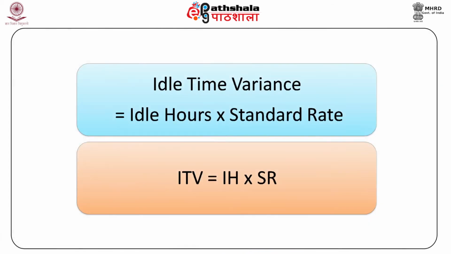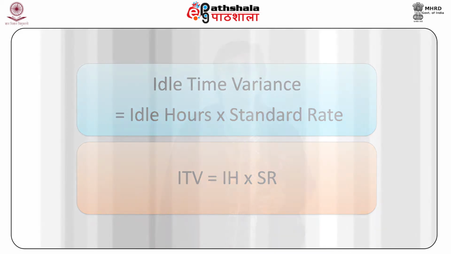It is calculated with the formula idle time variance is equal to idle hours into standard rate, or in short ITV is equal to IH into SR.